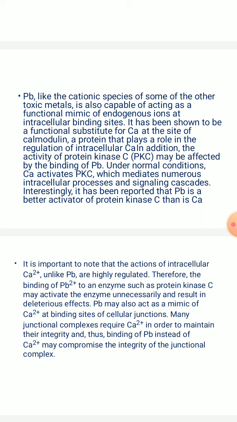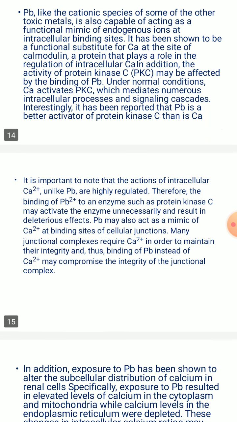Therefore the binding of lead to the enzyme protein kinase C may activate this enzyme unnecessarily, and it results in the deleterious effects we have discussed. So lead can also act as a mimicking agent of calcium at binding sites of cellular junctions. Many junctional complexes also require calcium ions to maintain the integrity of the membrane, and binding of lead instead of calcium may compromise the integrity of the junctional complexes also.